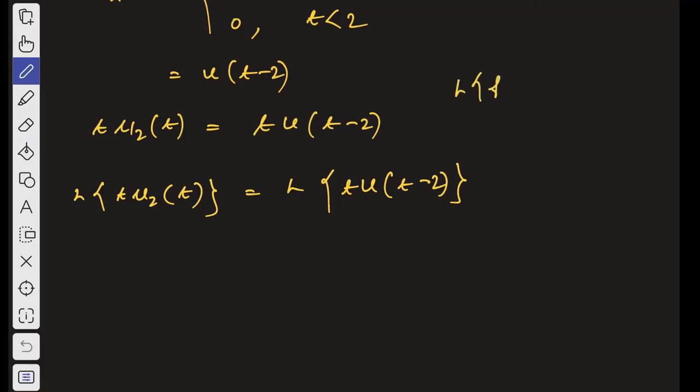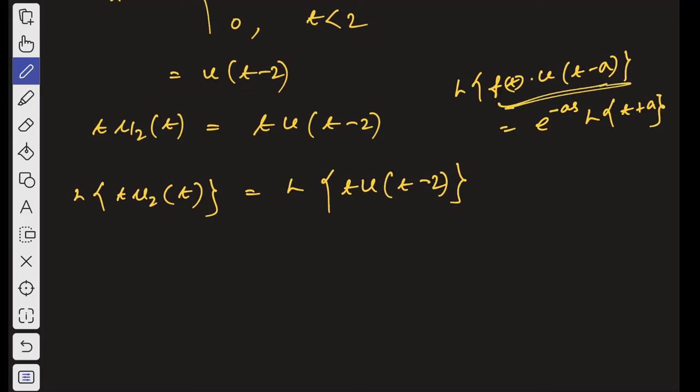So again we are going to apply this theorem, that Laplace transformation of f of t into u of t minus a is equal to e to the power minus as times Laplace transformation of f of t plus a. So let us apply this theorem. So here if you compare this function with this function, here you can see our f of t is nothing but t. Our f of t is t, right?